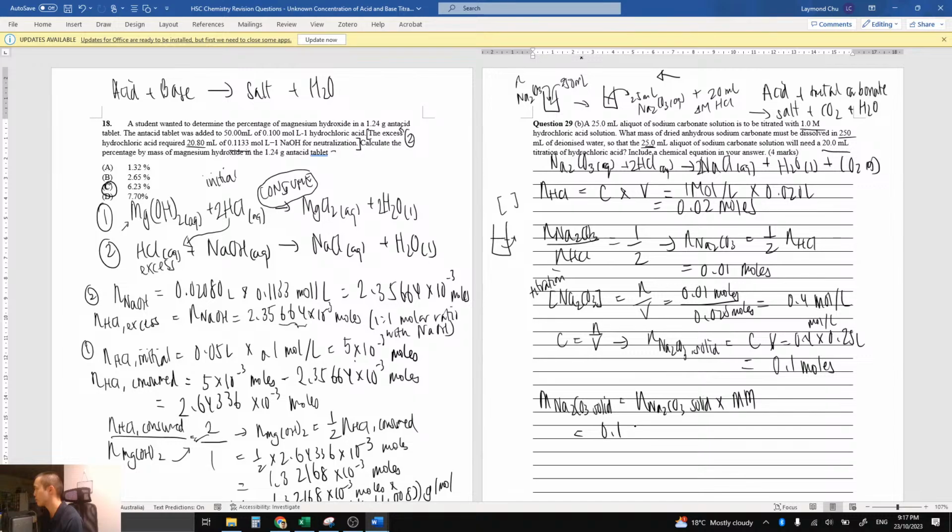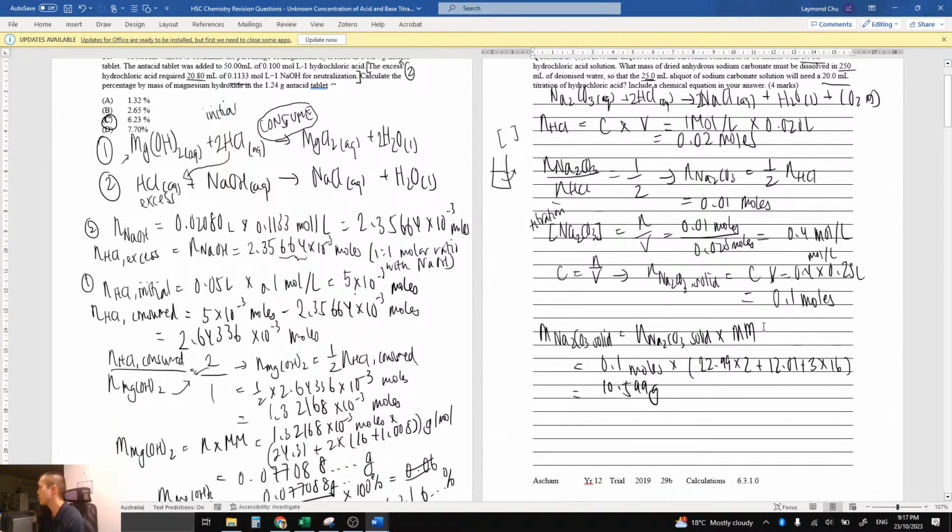It's 22.99 times 2, plus 12.01, plus 3 times 16, which is equal to 10.599 grams.